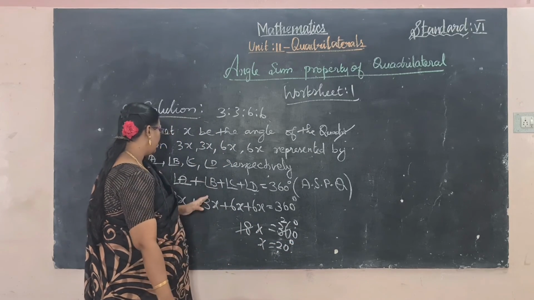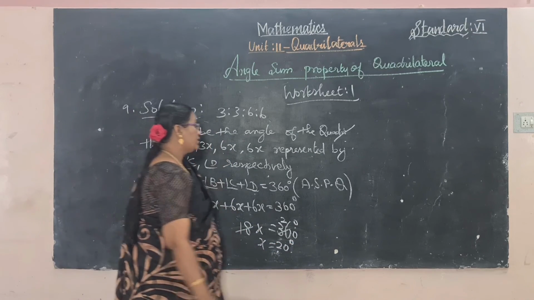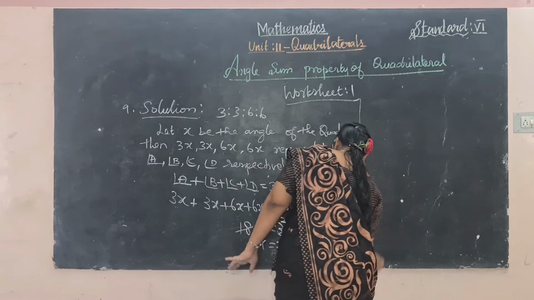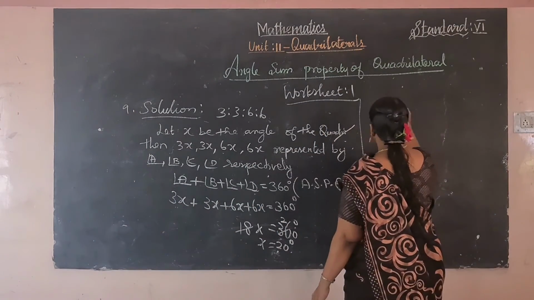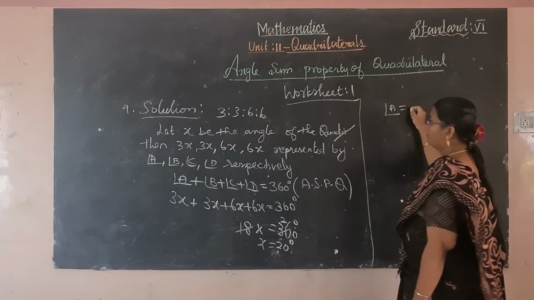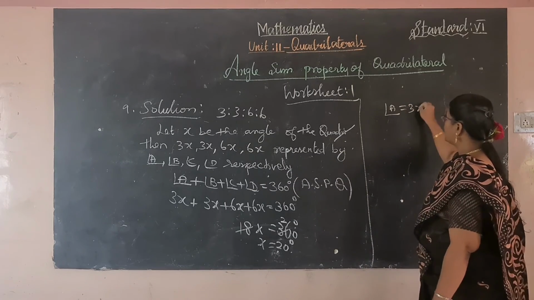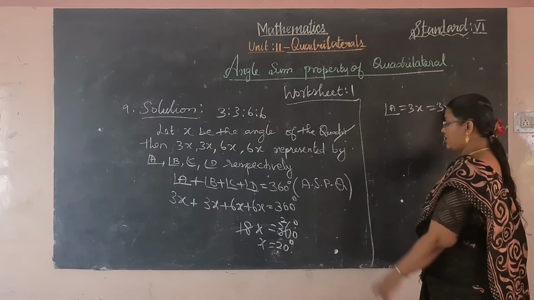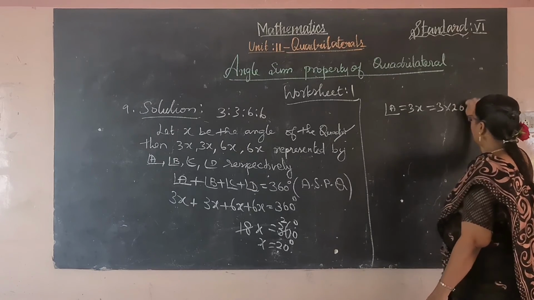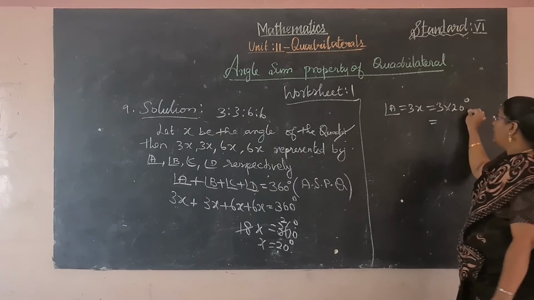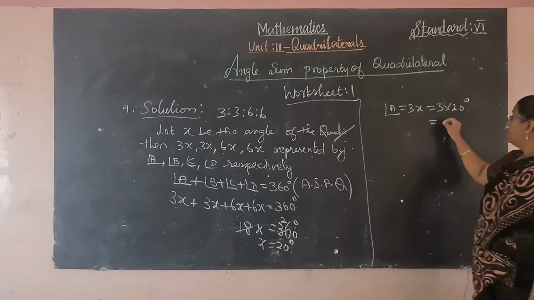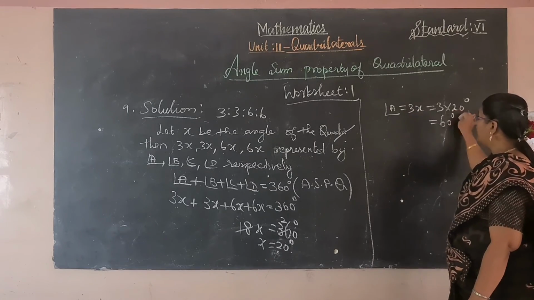So x equals 20 degrees. Now we calculate the other angles. The first angle, angle A, is equal to 3x, equal to 3 into 20 degrees, so 60 degrees.